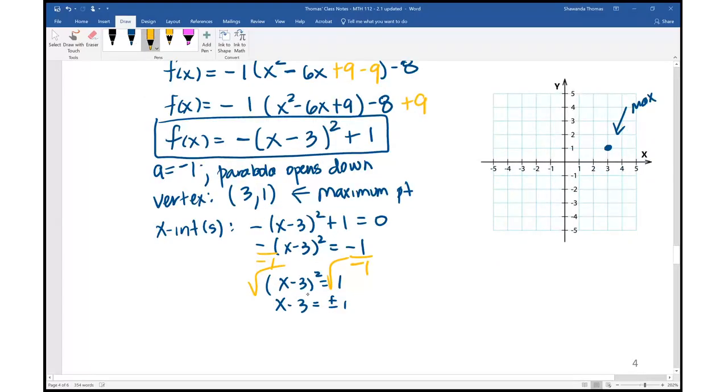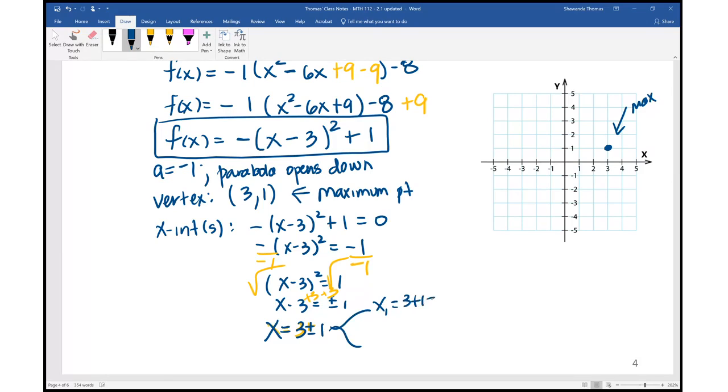Then we need to add 3 to both sides. We get x equals 3 plus or minus 1. So that means we have 3 plus 1, which is 4, and we have 3 minus 1, which is 2. So we have two x-intercepts. The x-intercepts are 4, 0, and 2, 0.